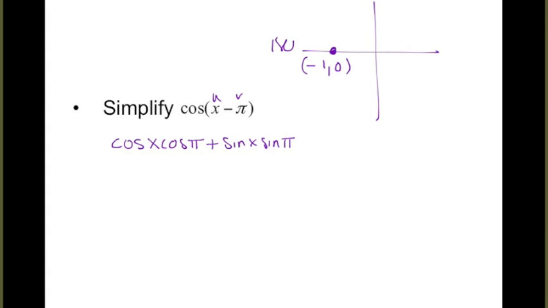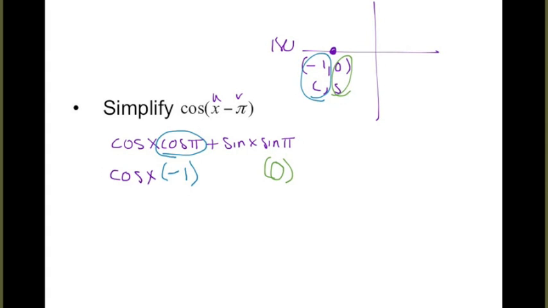And every point on the unit circle represents a cosine and then a sine. So that means that the cosine of pi, which is a part of this problem here, is negative 1. And the sine of pi is 0.